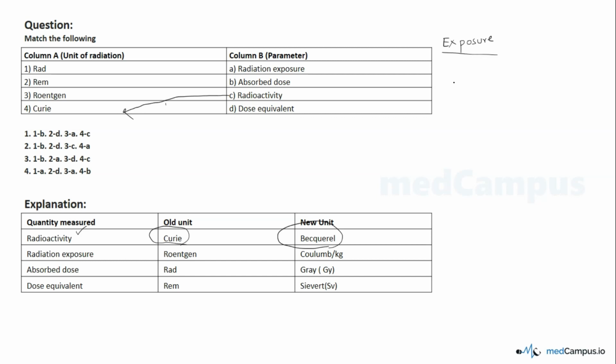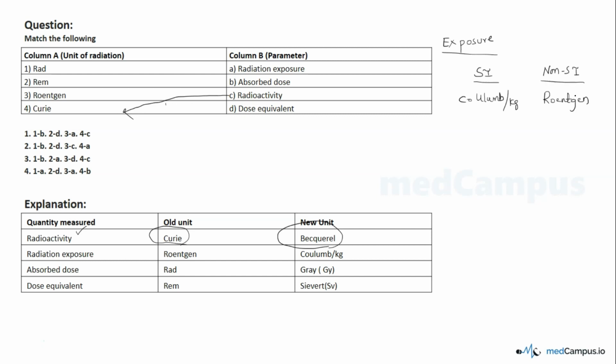This exposure is measured by both SI and non-SI units. The SI unit of exposure is Coulomb per kg, and the non-SI unit is Roentgen, which is the one commonly used.